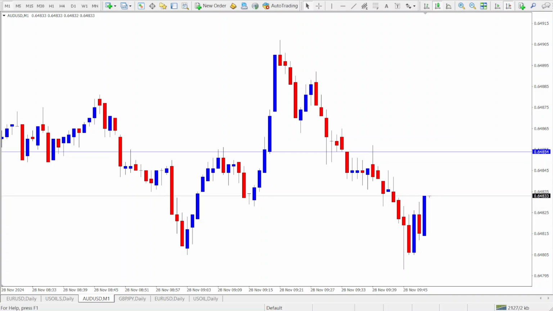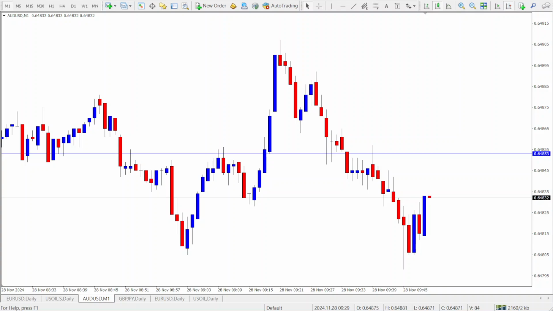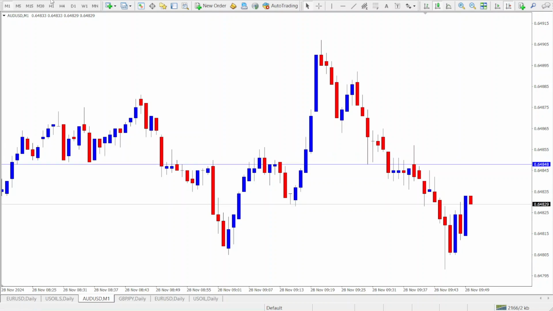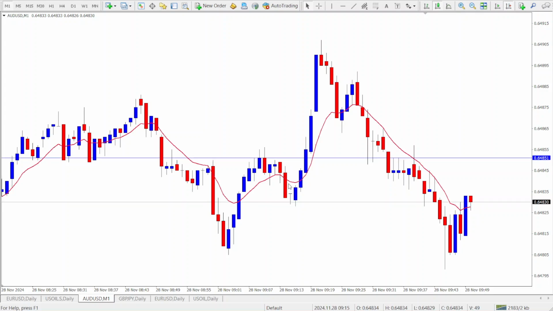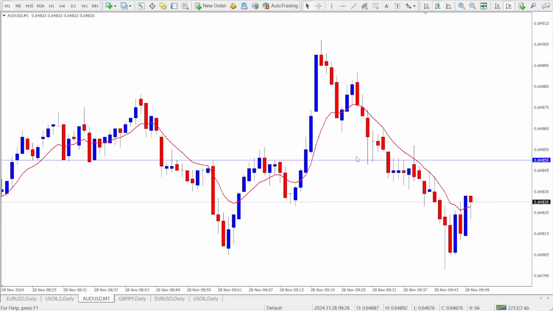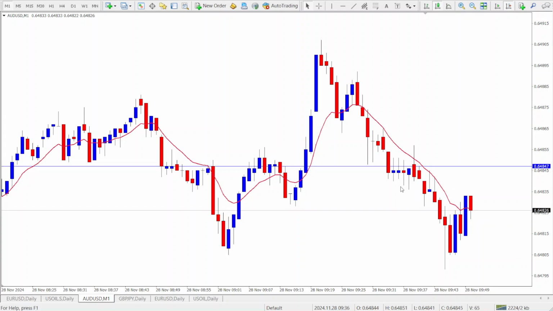Now, before we dive into the types, let's quickly define moving averages. A moving average is a technical indicator that smooths out price data to help traders identify trends and patterns. So instead of getting caught up in the noise of every price movement, moving averages create a clean line that represents the average price over a specific period.